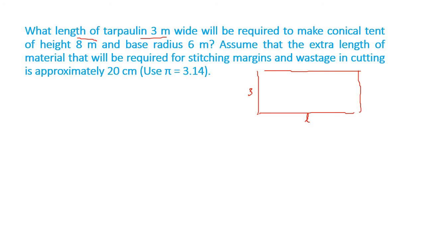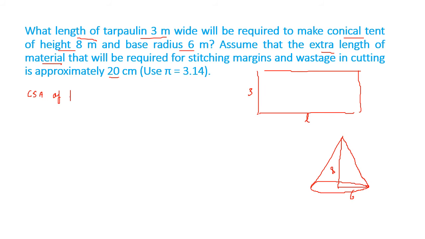To find the length of this tarpaulin roll, we are using it to make a conical tent of height 8 meter and base radius 6 meter. And the extra length of the material that is required is 20 centimeter. So first we'll see how much tarpaulin we need to make the tent.